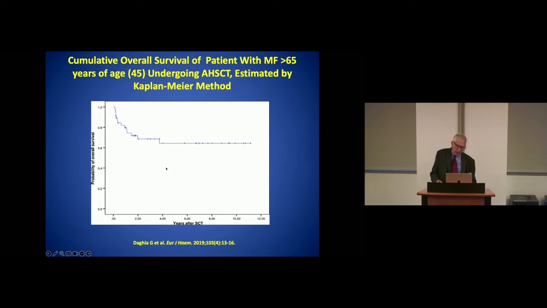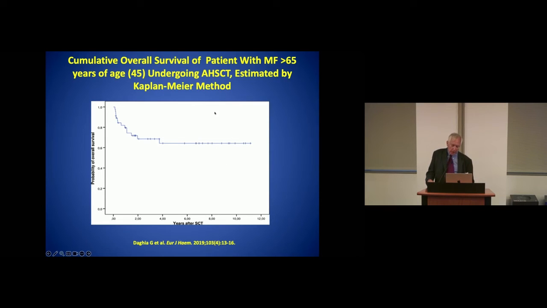So the reality is that essentially myelofibrosis and a lot of these diseases occur in people that are over 60 years of age, and I'm not going to call that elderly because I fall into that category. So this is just a paper that was published from Europe showing that they took patients, again, selected patients who were fit, who were not obese, who didn't have diabetes, who didn't have complications, and they transplanted them.